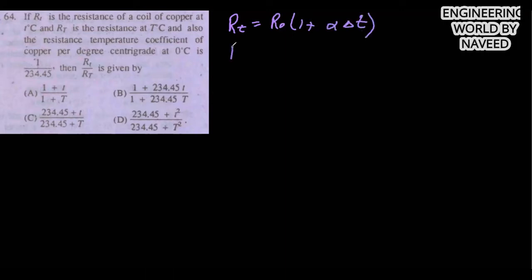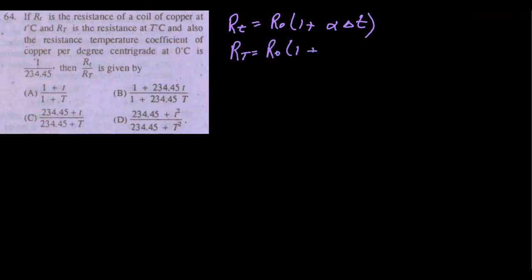I already wrote the formula in the last MCQs: R small t will be equal to R naught into 1 plus alpha del T, and R capital T will be equal to R naught into 1 plus alpha del capital T. So we need to find the ratio of these two resistances, R small t divided by R capital T. These R naught terms will cancel out.